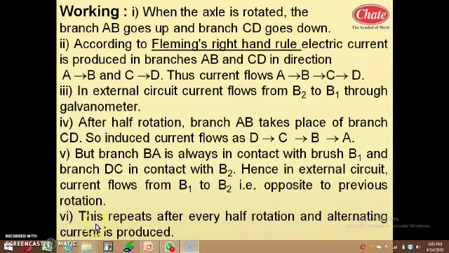This repeats after every half rotation. So in one rotation, one B2 to B1 and one B1 to B2 take place, that is one cycle. This repeats after every half rotation and alternating current is produced. So this is the explanation of the electric generator.